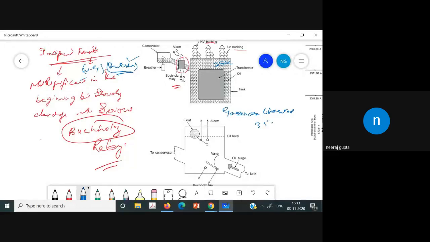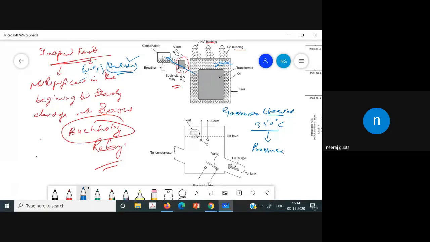At 350 degrees Celsius the gases are liberated, and there is a buildup of pressure causing the oil to rush to the conservator. It causes the oil to run to the conservator after 350 degrees Celsius.